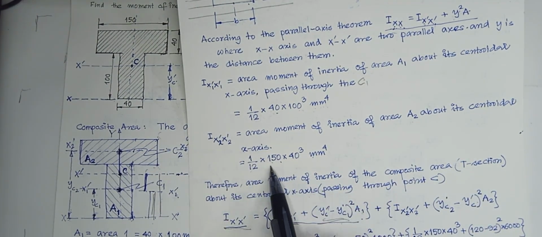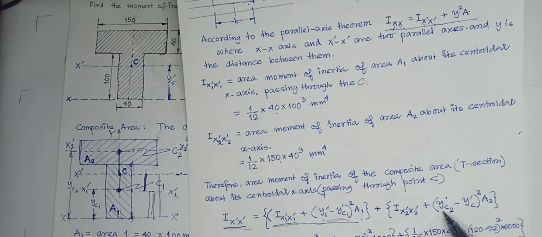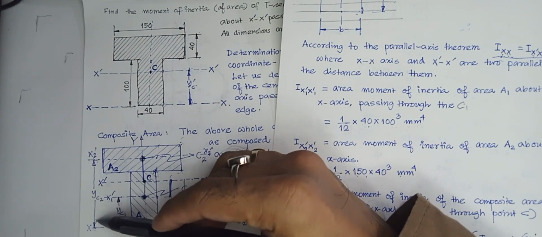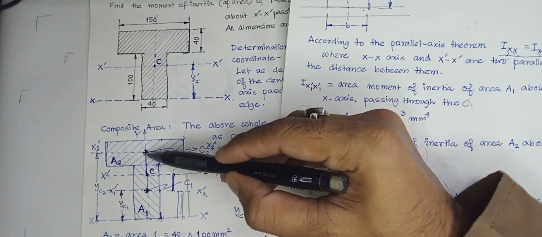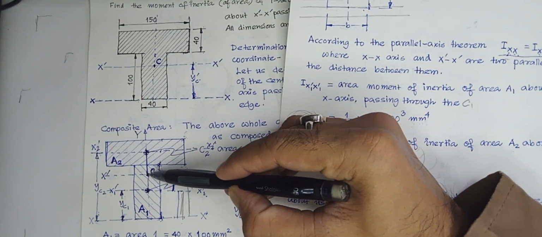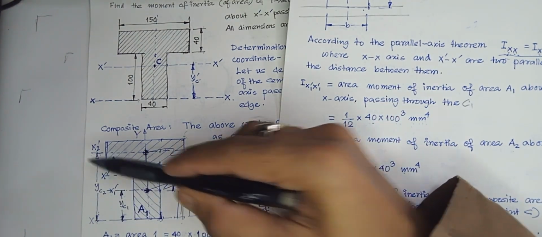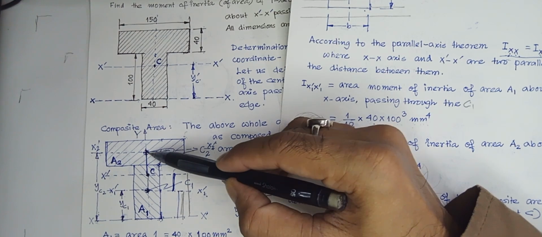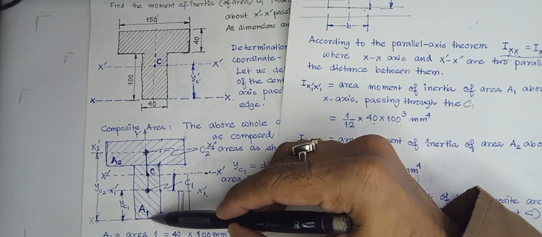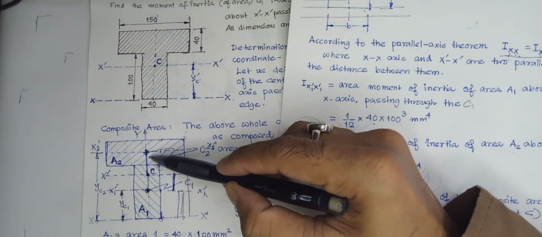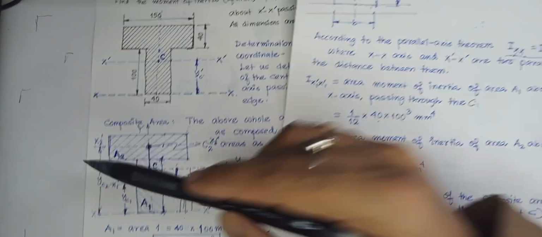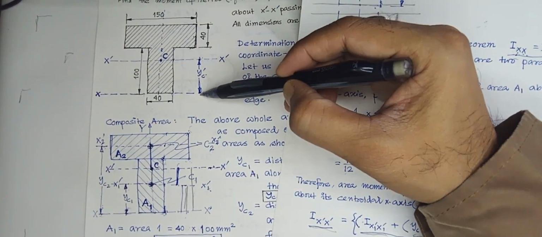That I have already calculated, plus yc2 minus yc prime. Why? Because yc2 is this distance, and from this point I have to transfer it here. Therefore what is this distance? This distance is the whole length minus this length, so this length is yc2 and this length is yc prime.